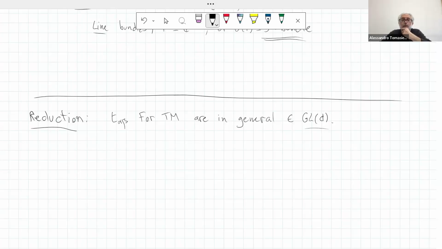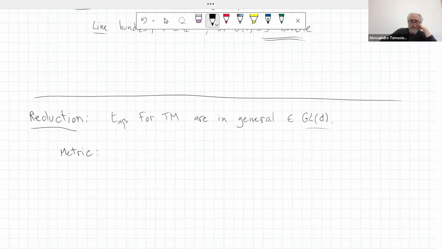How could that happen? Well, for example, if you have a metric that makes sense globally, then it turns out that you can take the transition functions in a smaller group.